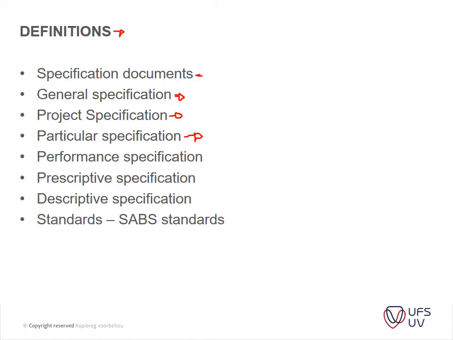Then you've got your performance specification, where you specify that the contractor should conduct a health and safety audit once a month. A site meeting will be held every month, and a technical meeting would be 2 weeks from that site meeting, etc., etc. In performance, this target date should be met by this date.